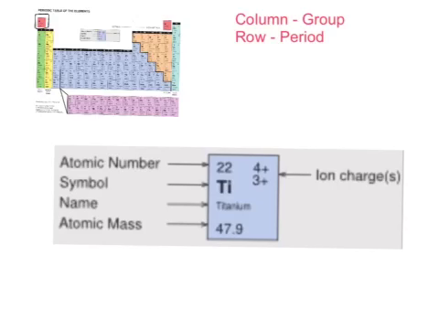The atomic mass is the whole mass of the atom, which means titanium has 47.9 mass. And look at the top right side. There is something like 4 plus or 3 plus. This is called ion charge. An ion charge is an electrically charged particle created when atoms gain or lose electrons.